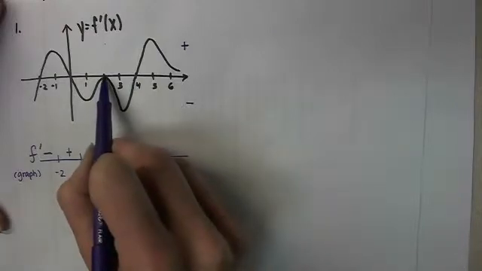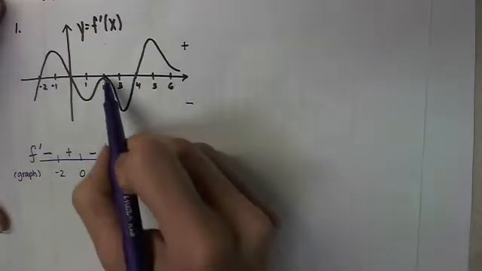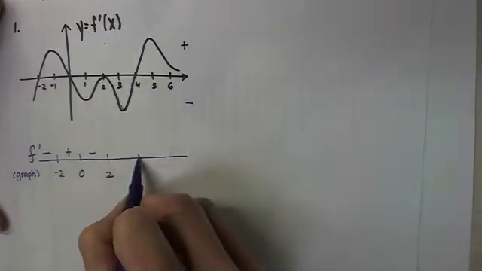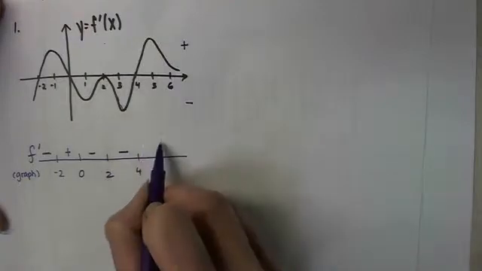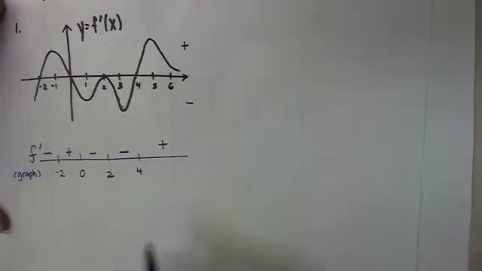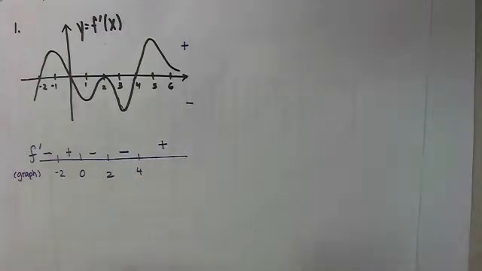The derivative is 0 at x equals 2 because it's hitting the x-axis, but then it's negative again between 2 and 4, and after 4 the derivative remains positive for the rest of the function. Knowing where the derivative is positive and negative will tell us where the original function is increasing and decreasing.